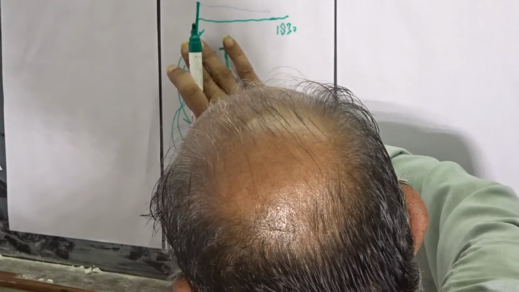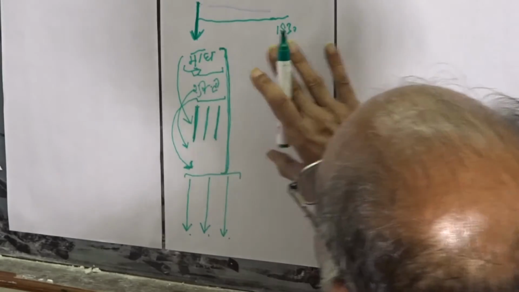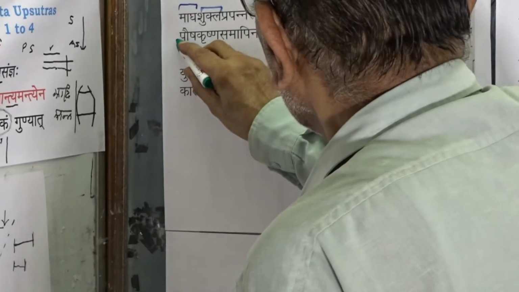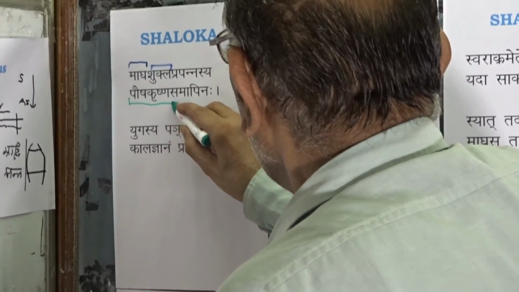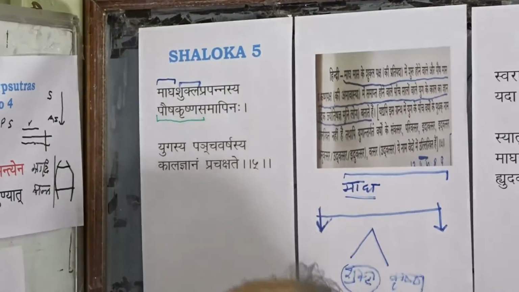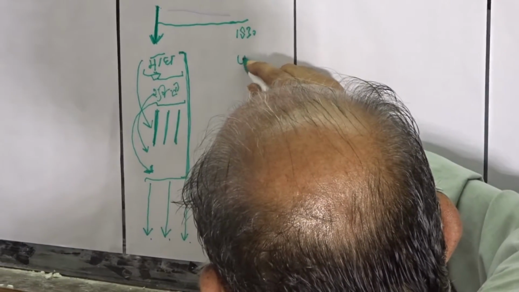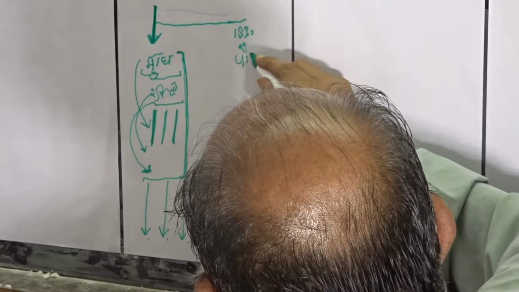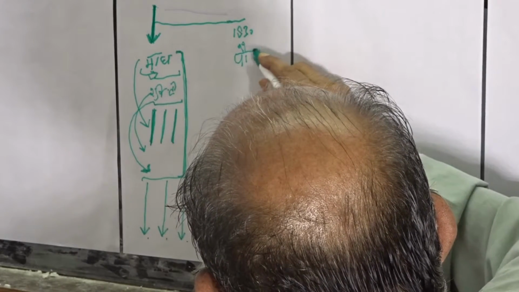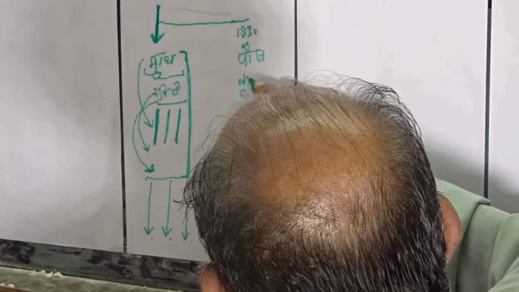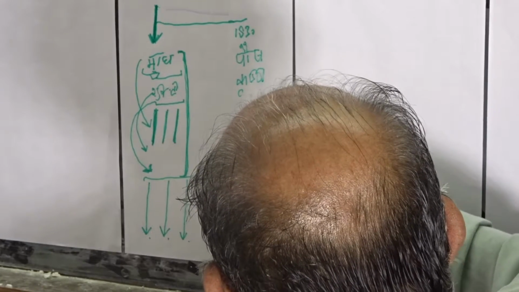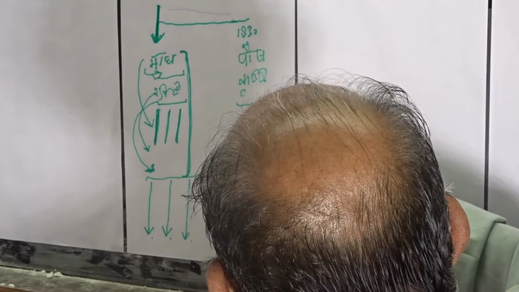Now, this specific thing is further specified with the conclusive phrase, Paush Krishna Samapti. Therefore, the end point is going to be of the Paush month. It is the Paush month and its Krishna Paksh, and it is going to be the last Tithi.